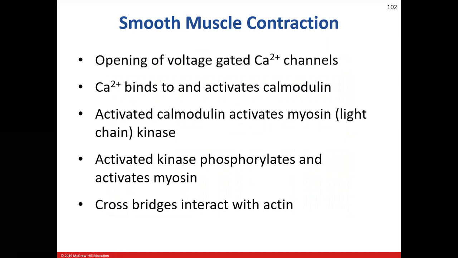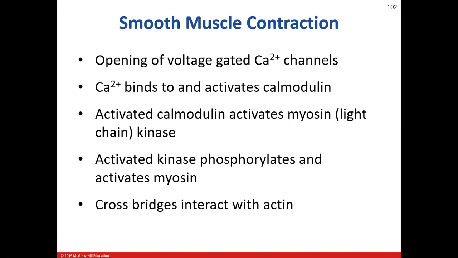As we look at the steps of smooth muscle contraction, the first thing that happens is we have some sort of neurological stimulation, and that is going to cause an opening of our voltage-gated calcium channels. As calcium channels open, that allows calcium to flood into our smooth muscle cell. And that calcium is going to bind to and activate our calmodulin molecule. The activated calmodulin activates a myosin light chain kinase enzyme.